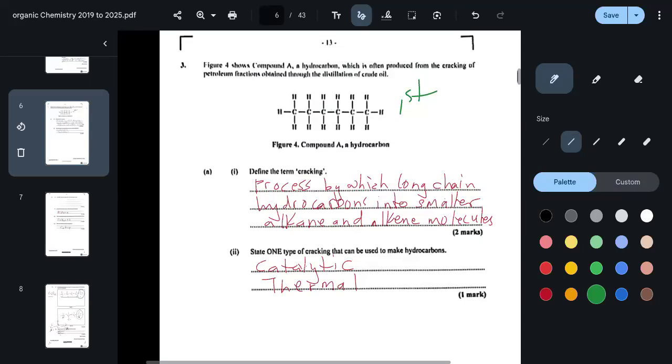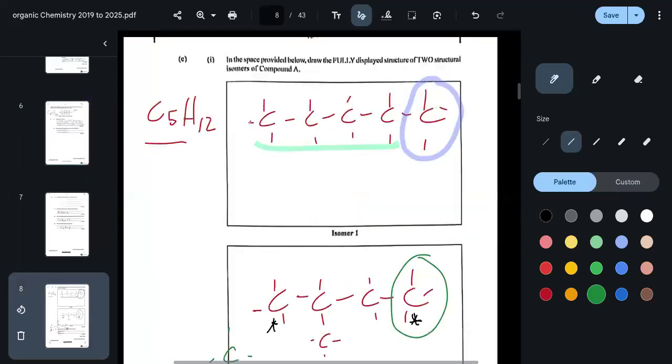If they had given you the molecular formula only, then you could draw this. But they already put this one on the board. So just think of this as the first one. And when they ask you for 2, just think of it as drawing a second and a third isomer. So just remember, take 1 from the end, put it in the middle, and then take a next one from the end, put it in the middle.